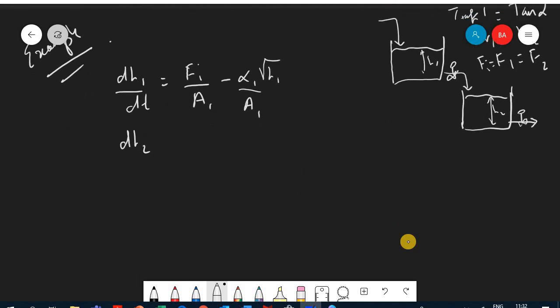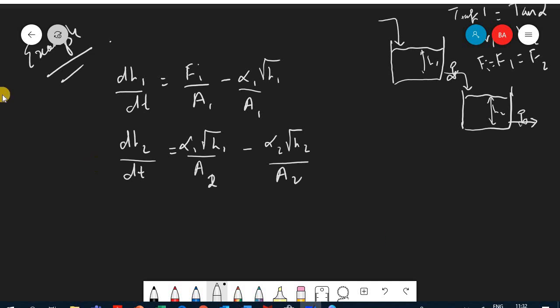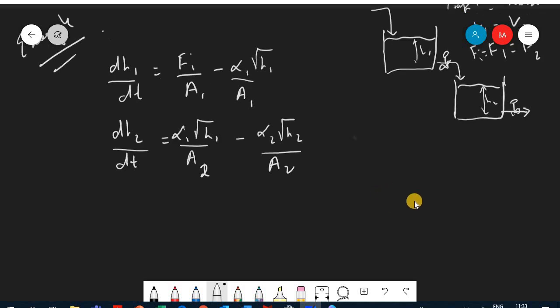And my second equation is dH2 by dt equal to F1 over A2, where F1 is alpha 1 square root of H1, minus F2, which is alpha 2 square root of H2, over A2. The A1 was here and it came up here. The A2 is here and it came up divided by here. Okay, so these are my two systems here.